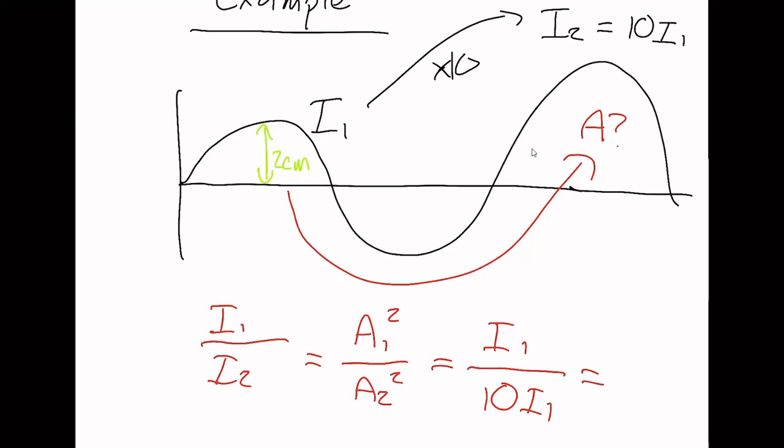Yes. Okay, and then we can say, what is the amplitude 1? Amplitude 1 is 2, and I want to square that value. And I want to solve for A2, which is also squared. If the I's cancel, I'm left with only two numbers, and A2 is the only variable.